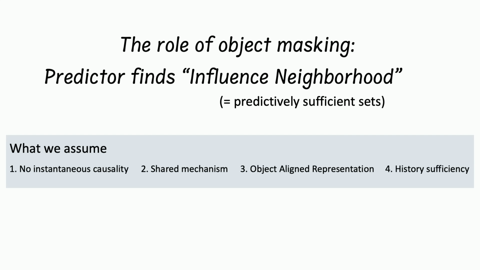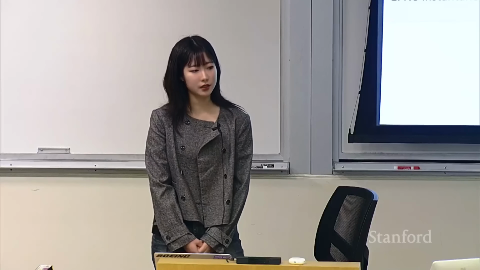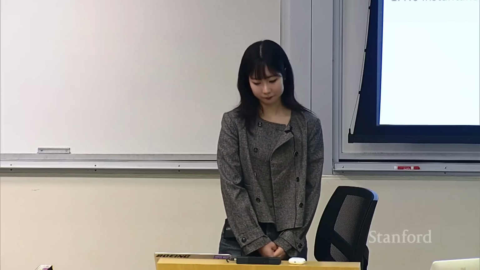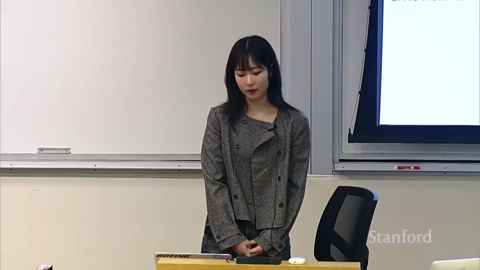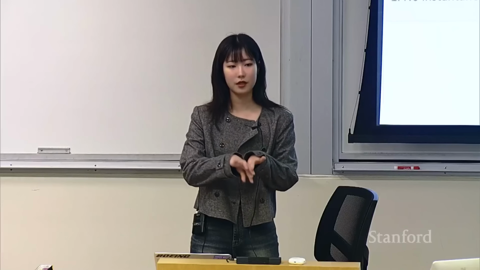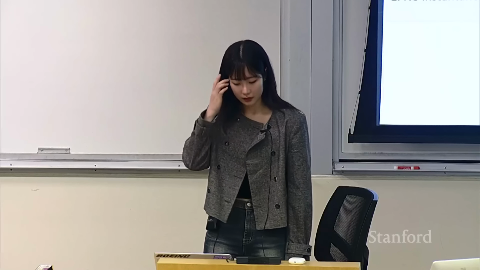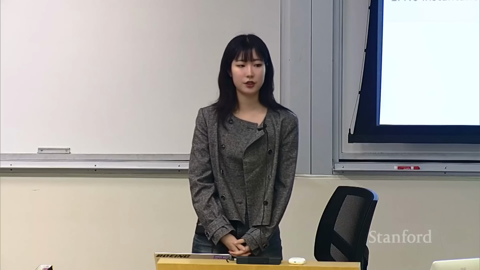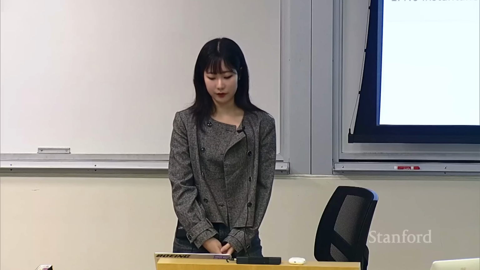The third assumption is object-aligned representation. This is the trickiest in the practical sense, because it assumes that our object-centric representation is consistent throughout the video. It should not get swapped. The object should not be split into different slots. And our representation should reflect the scenario faithfully.